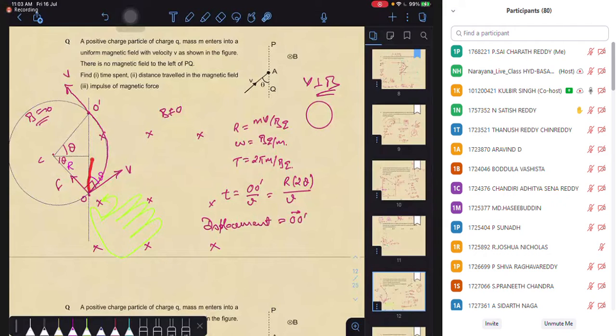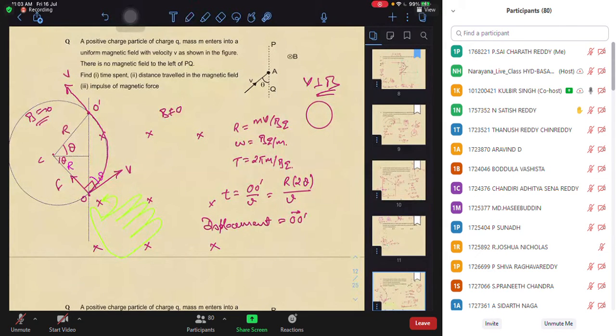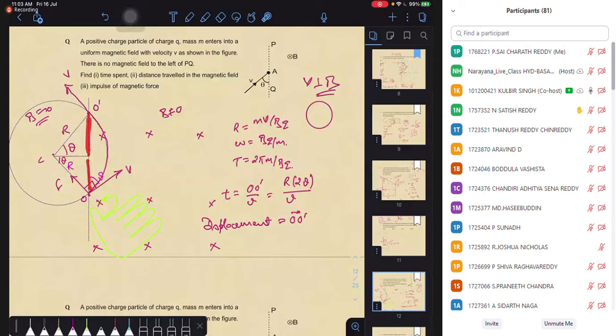In this trigonometry, C to O distance is your R. So in this triangle, this part is R sine theta, and here is R sine theta. So can I say displacement is 2R sine theta? Put the value of R.